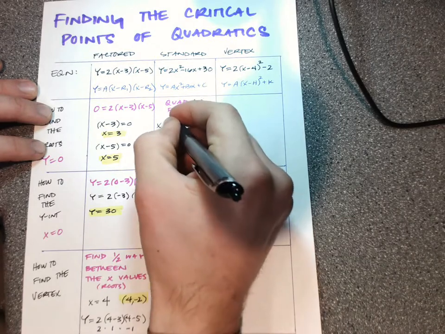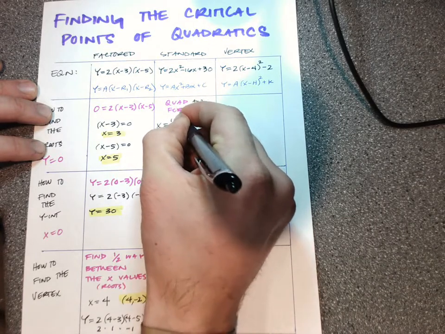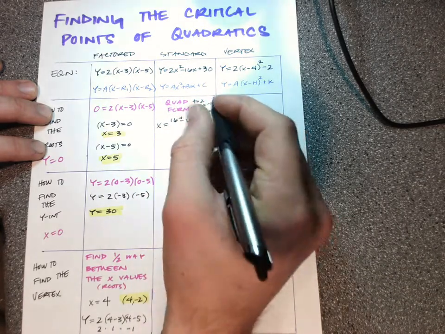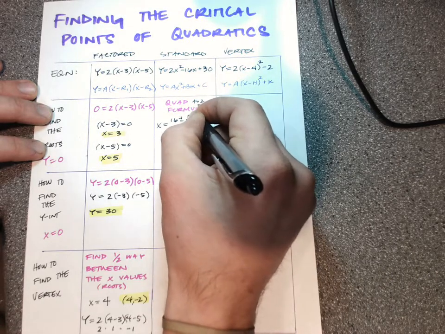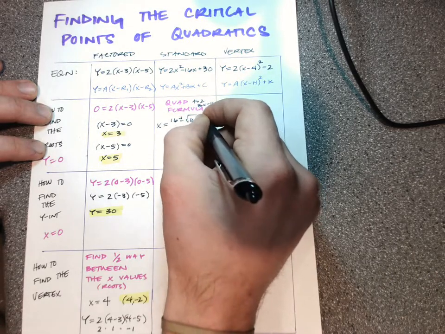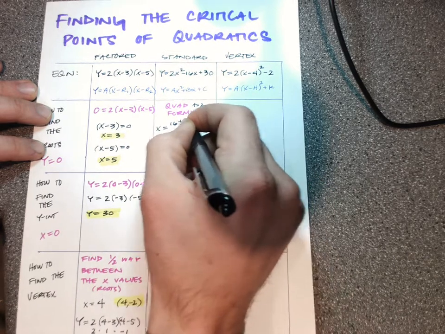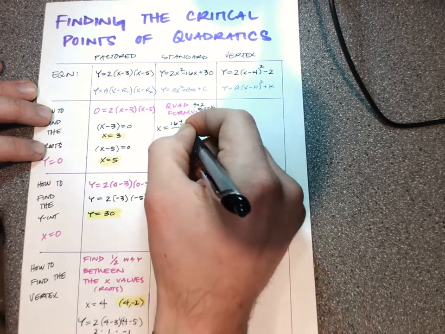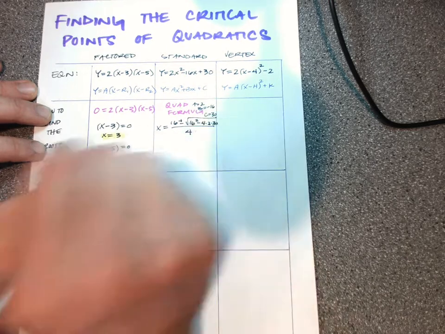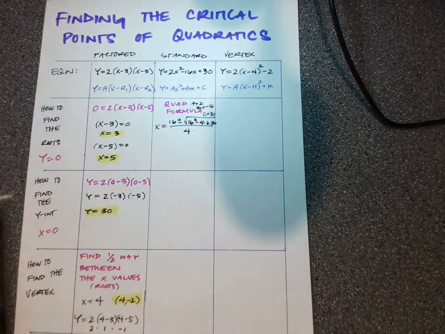So negative of negative 16 is positive 16, plus or minus the square root of 16 squared minus 4 times 2 times 30, all over 2a, which is 4.